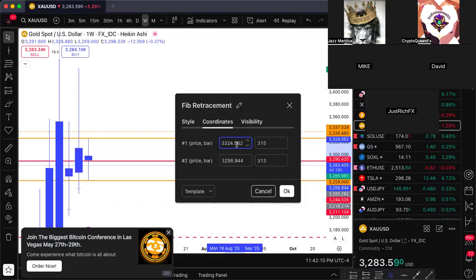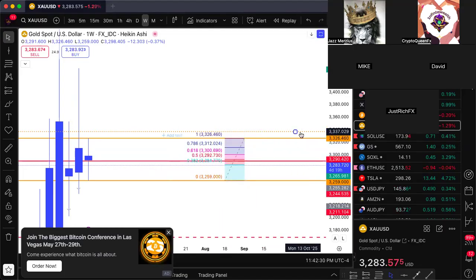So we got the weekly high at 33.26.460 and a weekly low at 32.59.